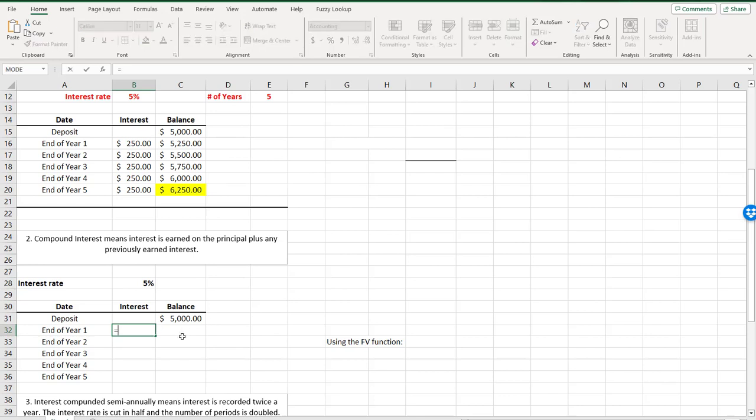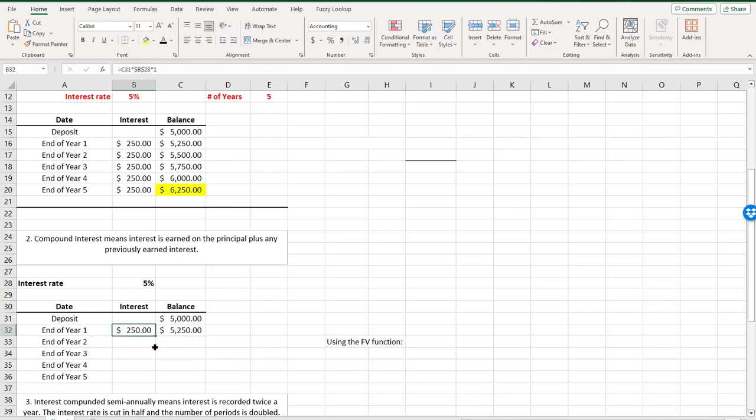So at the end of our first year, our interest is going to be the principal times the rate, times the time. We'll put the 1 in, right? Because it's the same. Now, I'm going to make this absolute because this will be the same. Okay, and this is going to be equal to this plus that, the same as before.